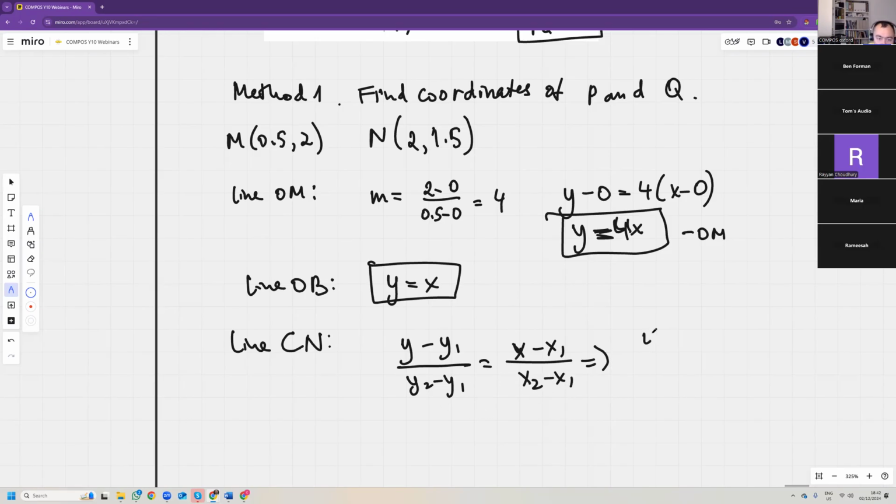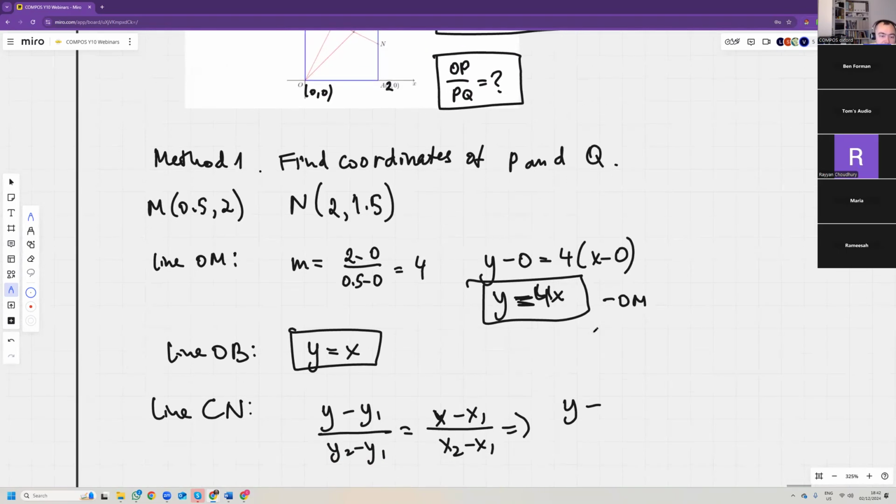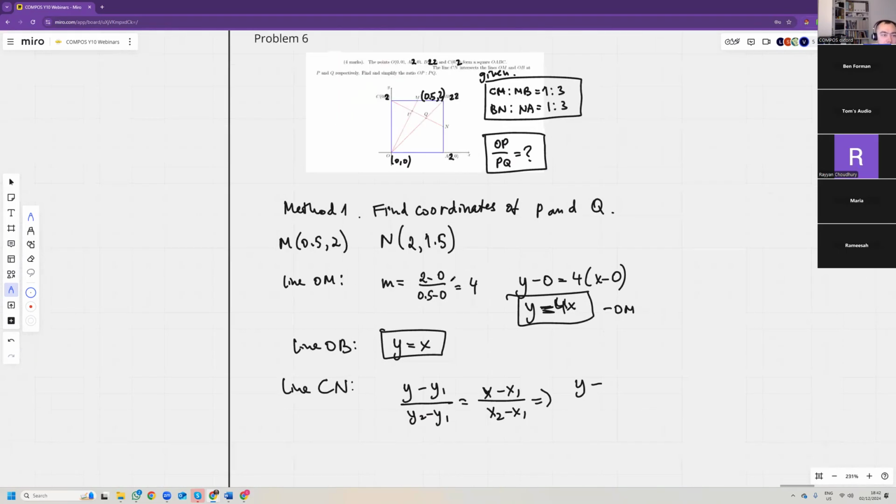And from here, for CN, N is 2, 1.5. Y minus 1.5 over 2 minus 1.5 equals x minus 2 over 0 minus 2.